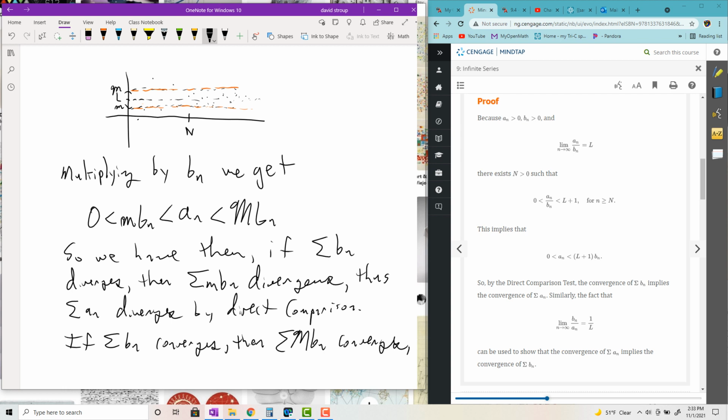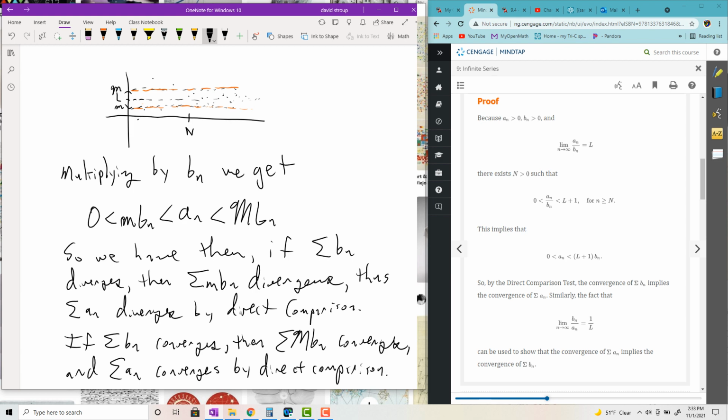Then that converges, and so for the series a sub n, again, we'll use the direct comparison test and say that the series a sub n converges by direct comparison.